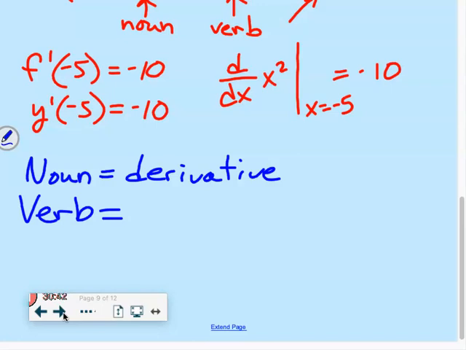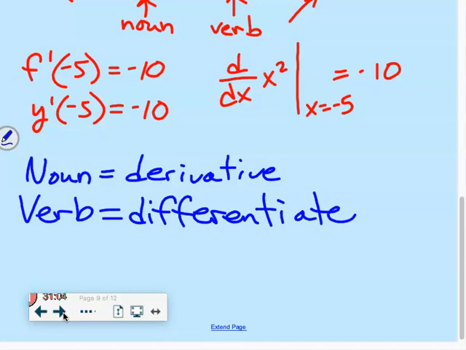When we derive something, it means we create it from scratch. Like we could derive the formula for a derivative. It means we came up with it. We figured it out. We derived it. But when you're finding a derivative, the verb is differentiate. So the verb for derivative is not derive, it's differentiate.